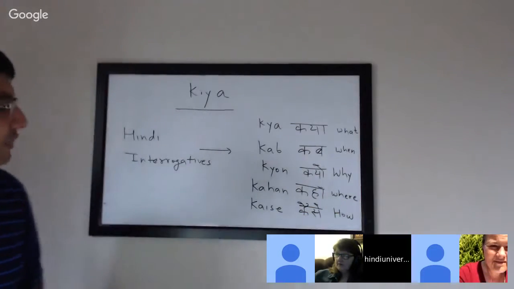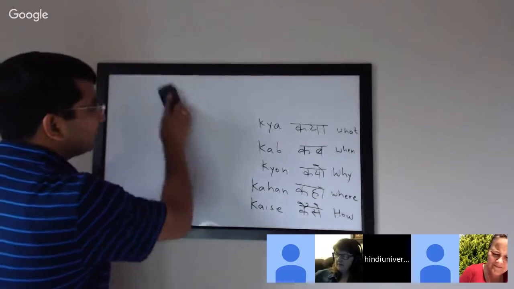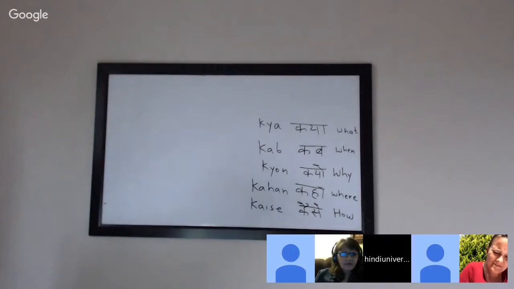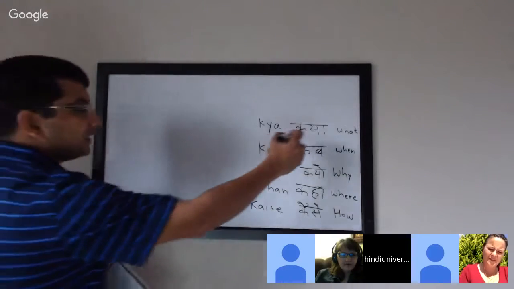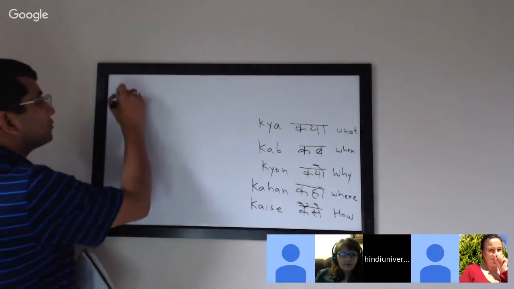So let's see how we can use all these interrogatives, or some of them, with the past form of karna. Okay, so let's see. We do this one, so examples.